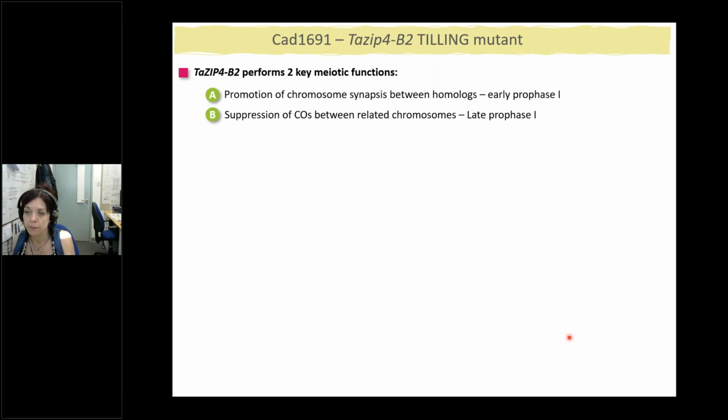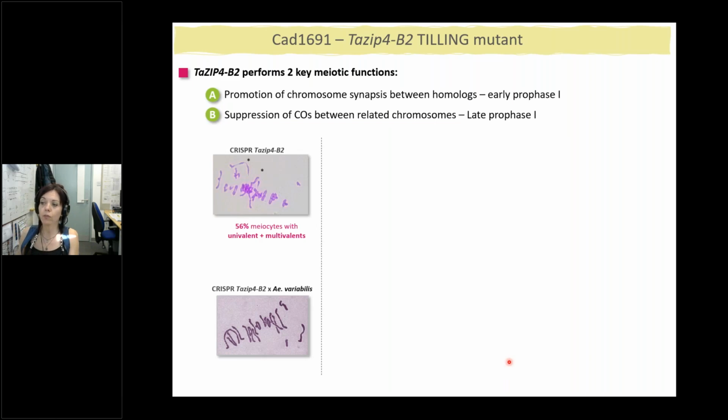So I mentioned earlier that this duplicated ZIP4 copy performed 2 key functions during meiosis: promotion of synapsis between homologs, and suppression of crossover between related chromosomes. And I have shown before that the CRISPR mutant had lost both functions, and the phenotype was the same as the Ph1b mutant.